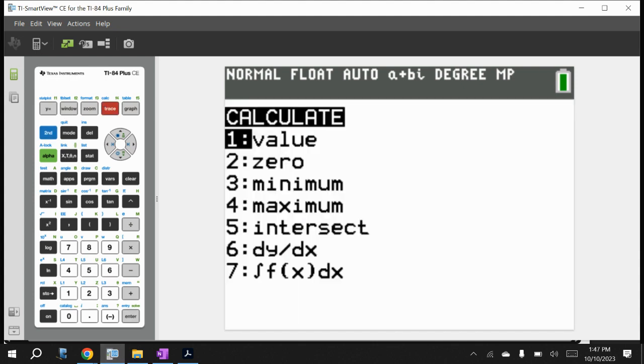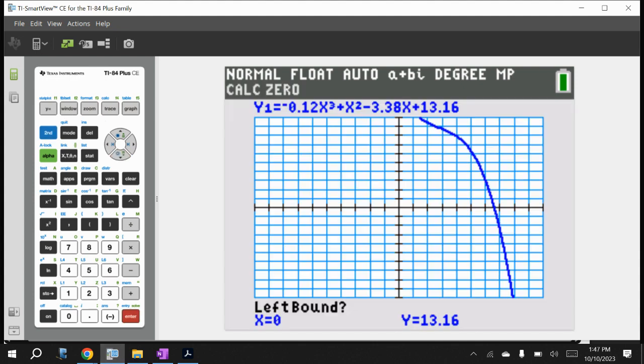Second trace, zero. And then it asks for a left bound, so that means it needs to be where? Yeah, somewhere above the x-axis. So I'm going to move my x over where it gets a little closer to that so I can see it. There's my cursor. That is definitely above the x-axis.